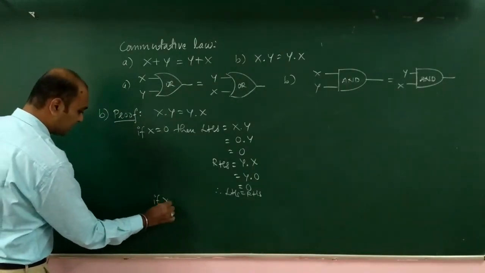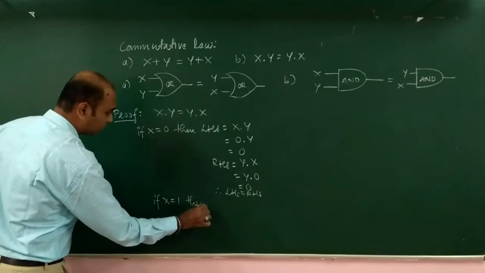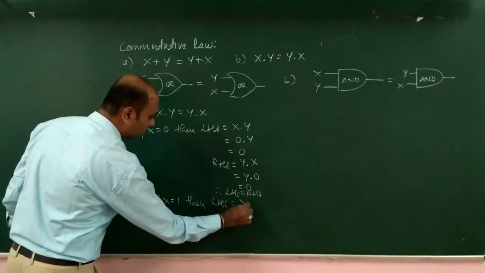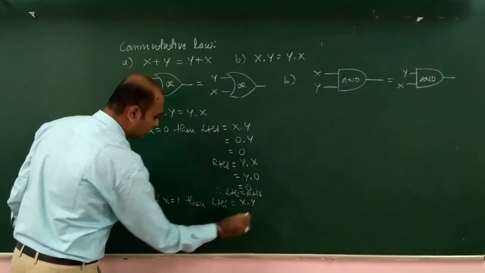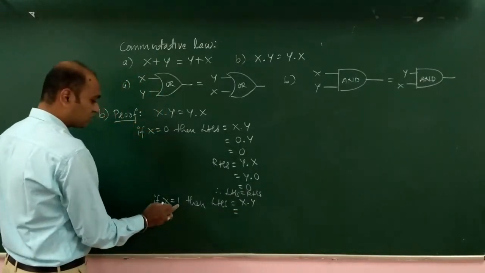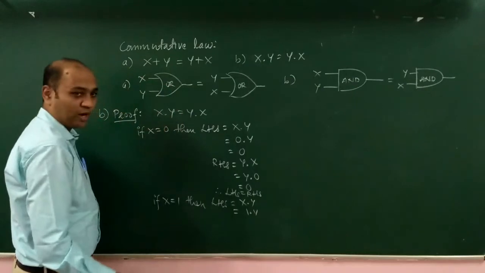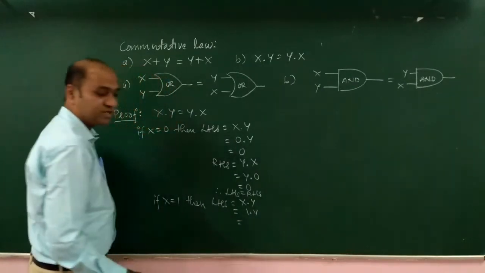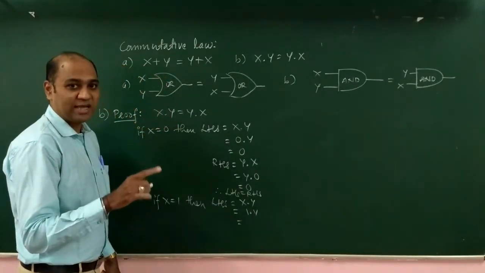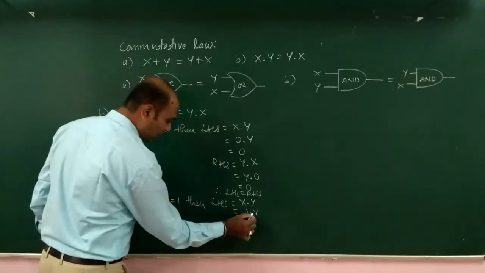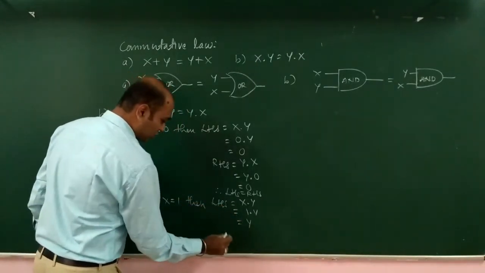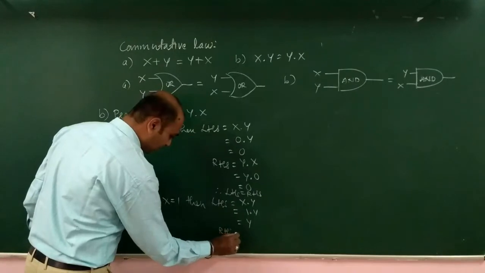If x is equal to 1, then LHS is equal to x and y. So here we are going to substitute the value of x is equal to 1 into y. As per the properties of zeros and ones, 1 and x gives me x. Similarly, 1 and y gives me y. So let us write RHS, right hand side.